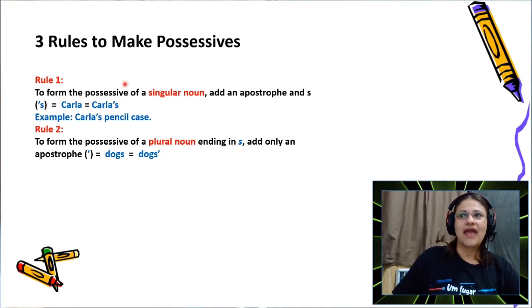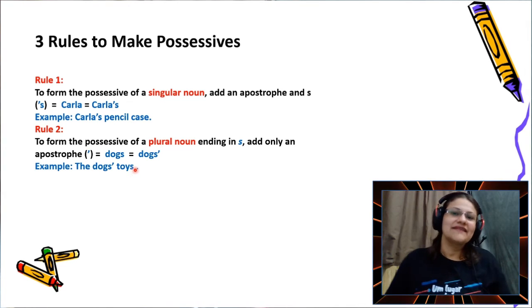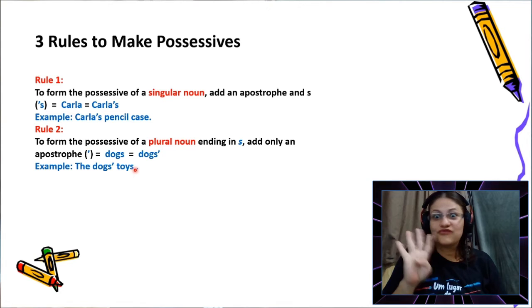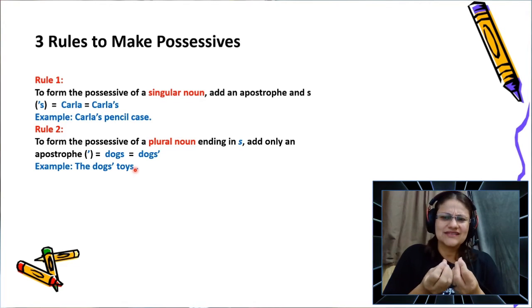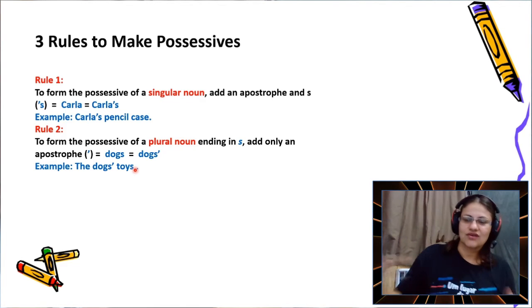When I have a singular noun, I have to add both an apostrophe and an S. When I have a plural noun ending with an S, I already have this S, so I can't repeat the S again. So I just add the apostrophe. Understand? And I have here an example. The dogs' toys. That means I have more than one dog, for example, 4 dogs, and I have a lot of toys. And these toys belong to the dogs.